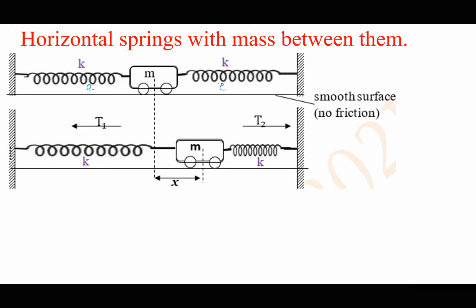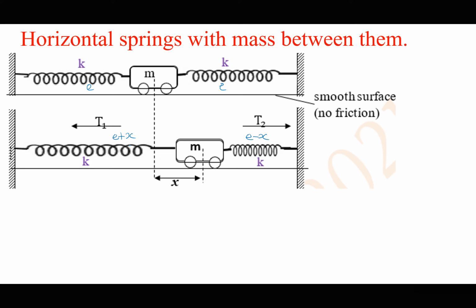In the second case, we now displace the mass to one side, let's say to the right hand side through a distance x. The extension on the left becomes E plus x, yet the extension on the right becomes E minus x, because on the left hand side it stretches, yet on the right hand side it compresses.